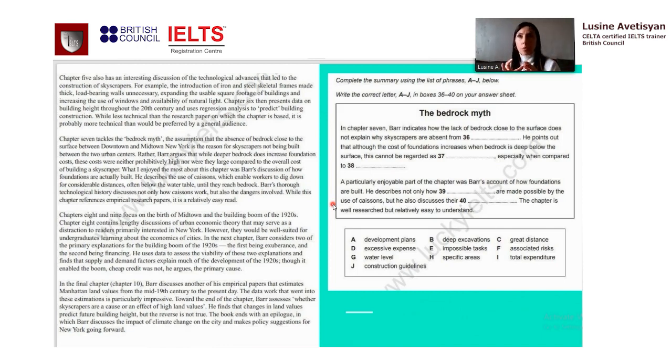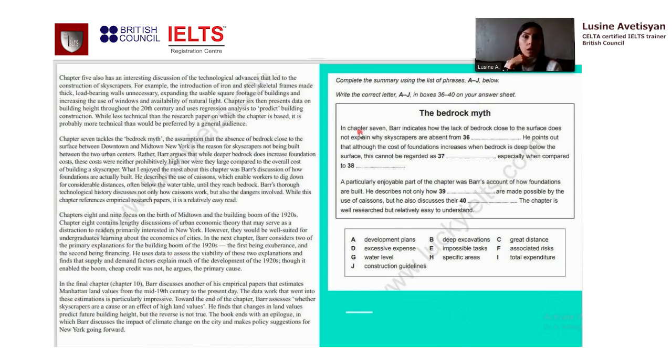Most of the time, the summary comes not from the whole passage, but from some specific part of the passage. Okay, so let's see. Here we have got some chapters, paragraphs, and it says chapter 5, 7, chapter 8 in the final chapter.